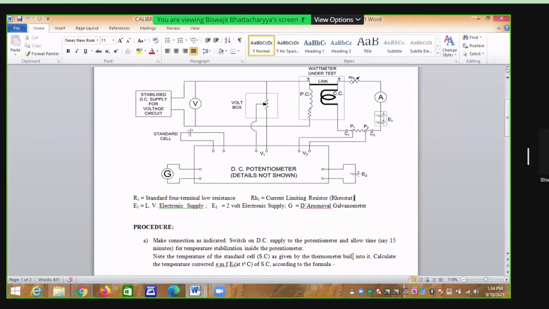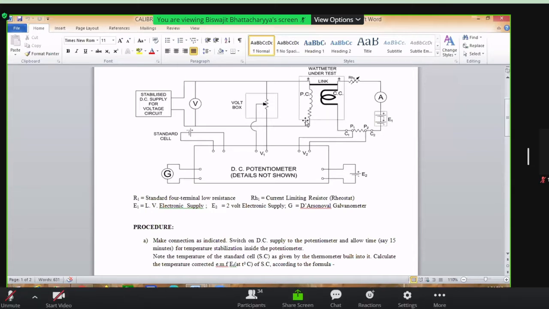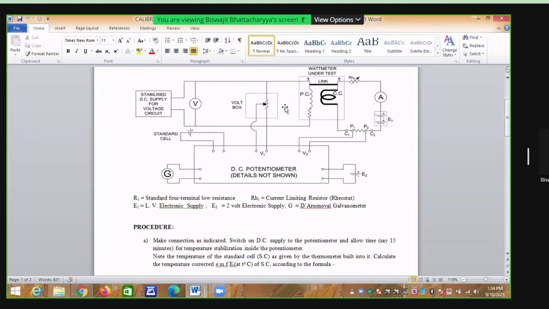This voltage difference will establish some capacitive coupling between the pressure coil and the current coil, and some electrostatic force will come due to the potential difference.